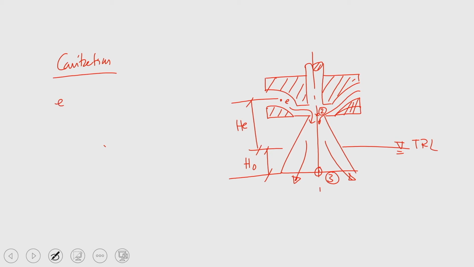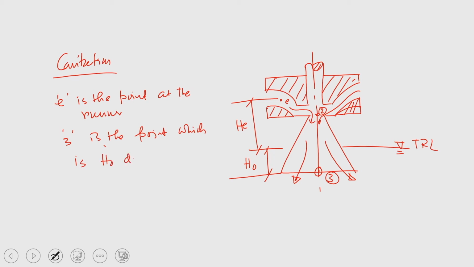E is the point at the runner, and 3 is the point which is H naught distance below the TRL.